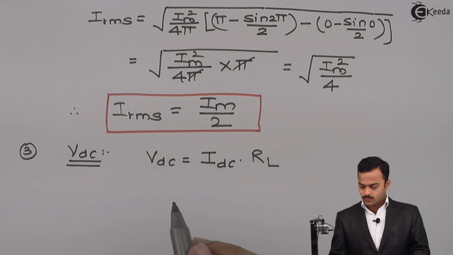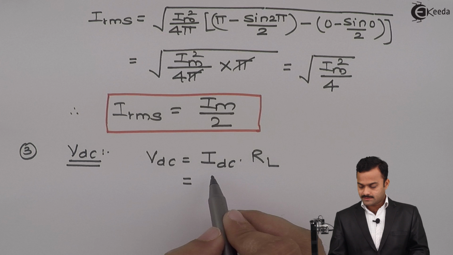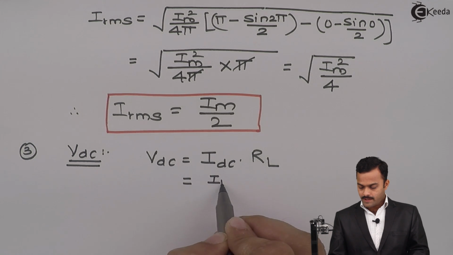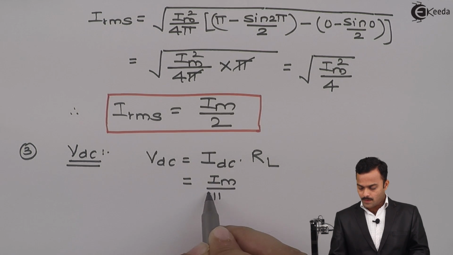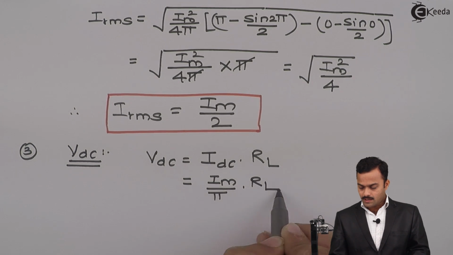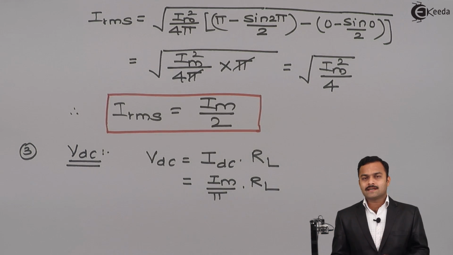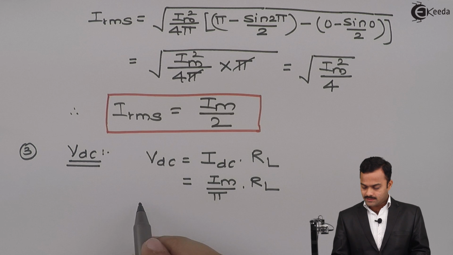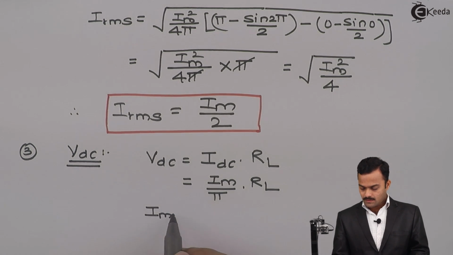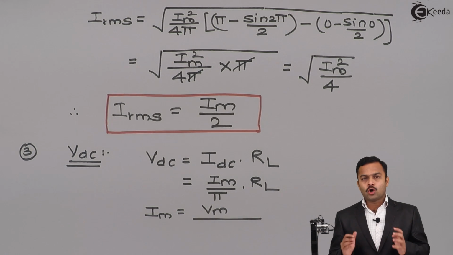IDC we have already calculated, and what is that? It is nothing but Im upon pi multiplied by RL. Im is the peak value of a supply current and that is given as peak value of supply voltage divided by total resistance in a circuit.